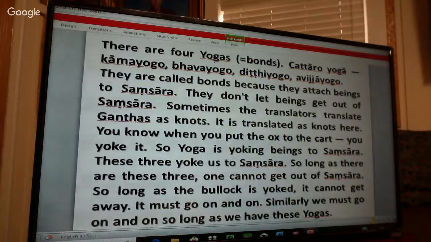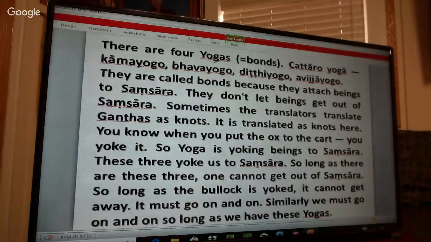So, kamayoga, bhavayoga, ditthiyoga, avijjayoga. Four. They are also called bonds because they attach beings to samsara. So all living beings are yoked or bound with these four yoga.